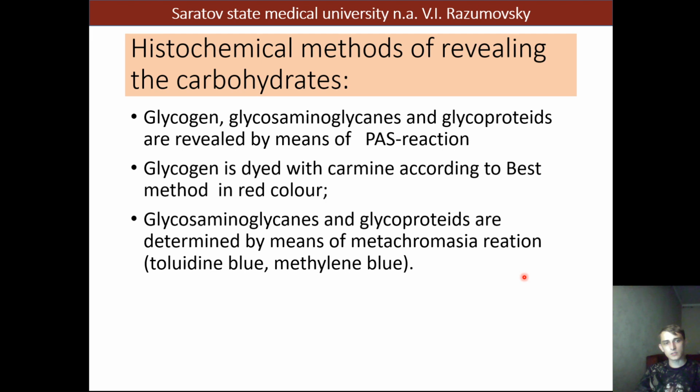You should understand it and tell them that it is the PAS reaction. Glycogen is dyed with carmine according to Best's method in red color. Glycosaminoglycans and glycoproteins are determined by means of the metachromasia reaction with toluidine blue and methylene blue.